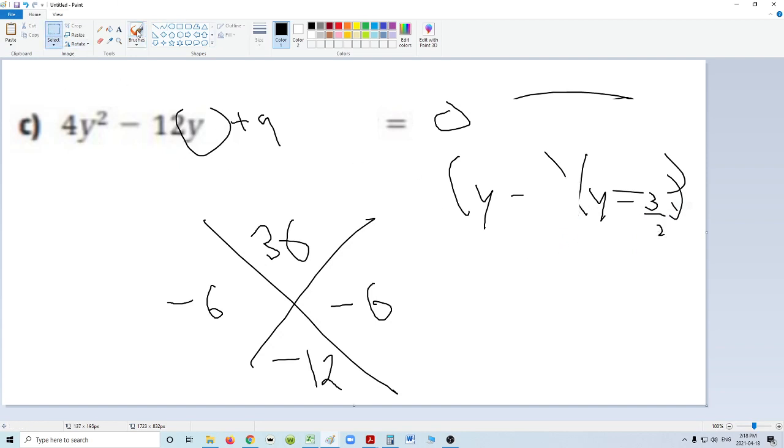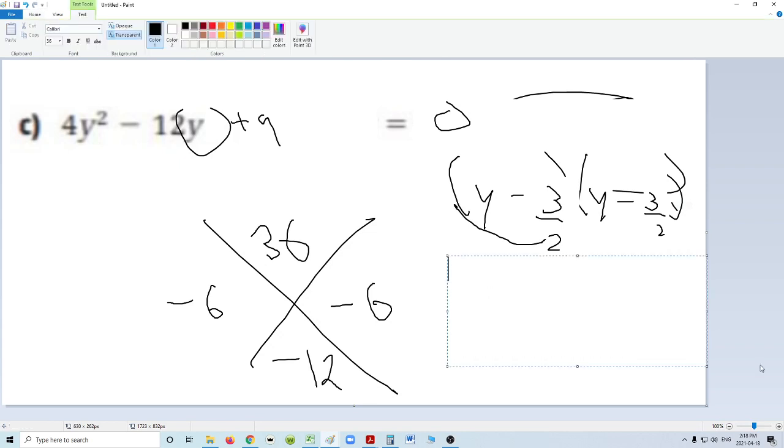Go back and review factoring by grouping if you don't like the slip and slide method. Now that it can't be simplified, the 2 slides up to here. So I get the same factors. 2y minus 3, 2y minus 3, or 2y minus 3 squared.